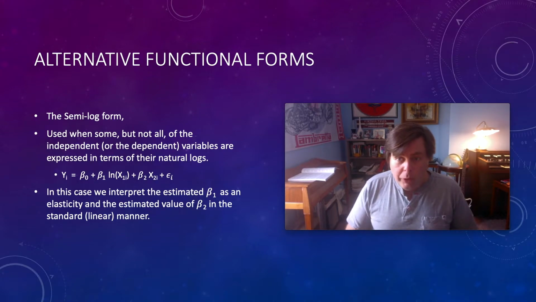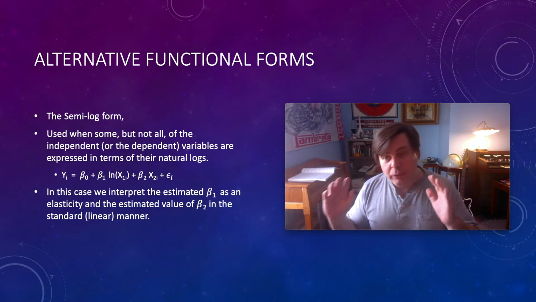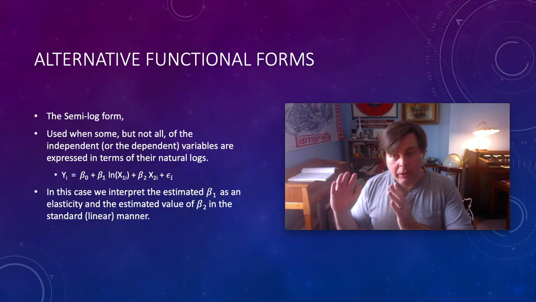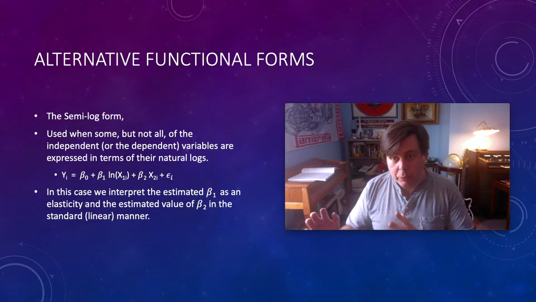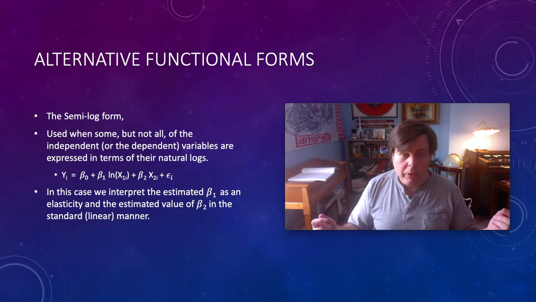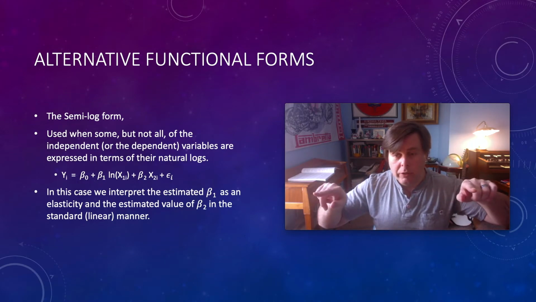Now, before we go any further, I want to say something to make sure that I don't forget it. If we're running a regression on the natural log of y and then another on just straight y, it's important to remember that we can't compare those regression outputs one-to-one in terms of what's better.